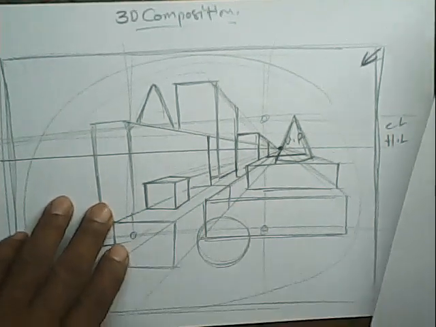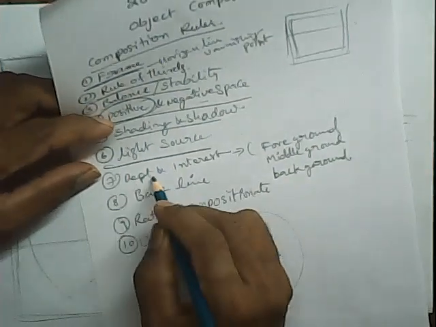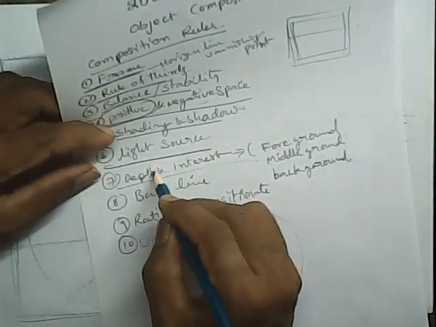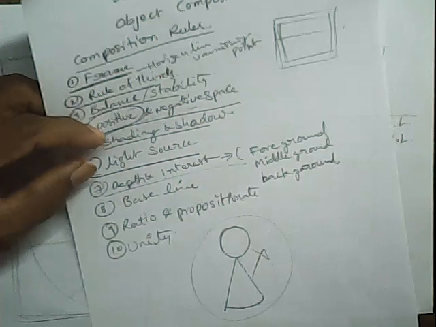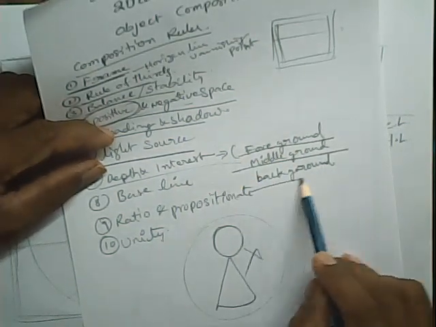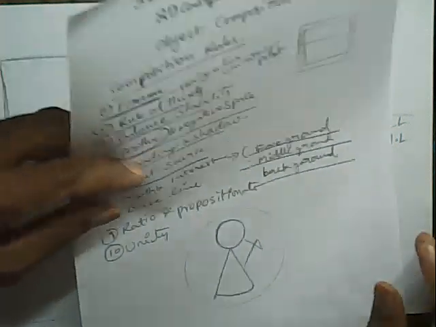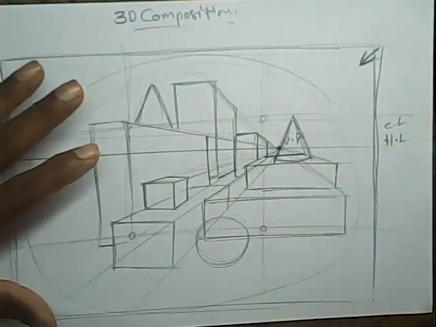Next is depth and interest. We show the foreground, middle ground and background. If you work with these three, it will show interest.